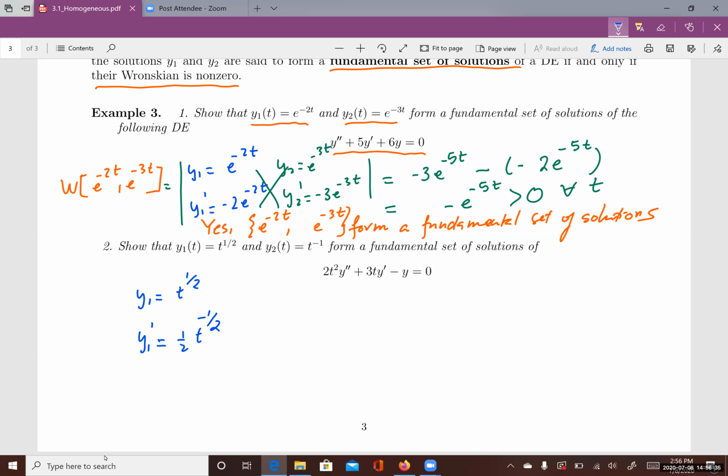You have y2 equals t to the negative 1, which means y2 prime equals negative t to the negative 2. And you use cross multiplication to find the Wronskian of these two functions.